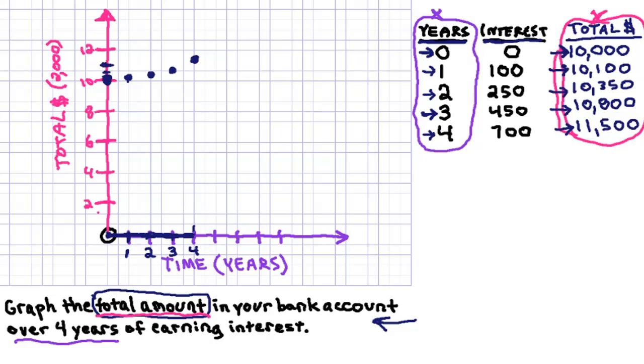And so now we have our graph of how much money you had total in your bank account over the 4 years of earning interest. So we're just going to draw a line between all these dots, and as you can see, it kind of curves upward like this. And so that is your line, and you see how it increases more and more each time.